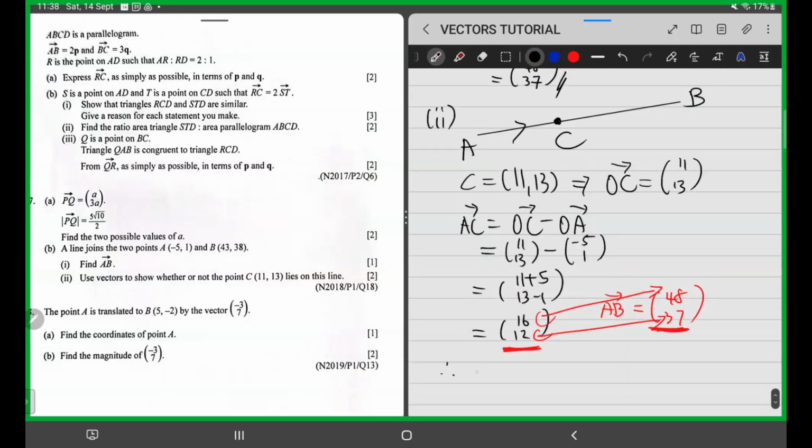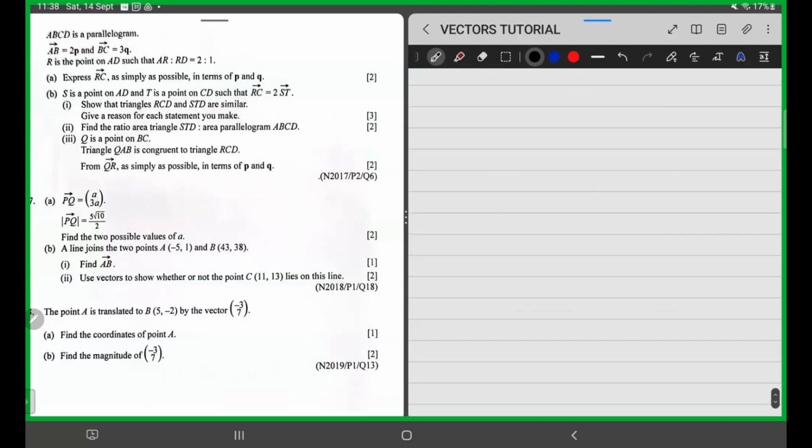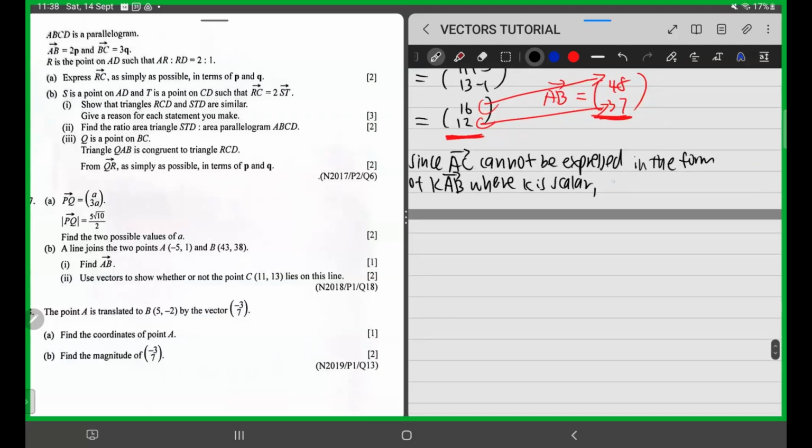Hence, your answer will be, since AC cannot be expressed in the form of KAB, where K is scalar, C does not lie on AB.